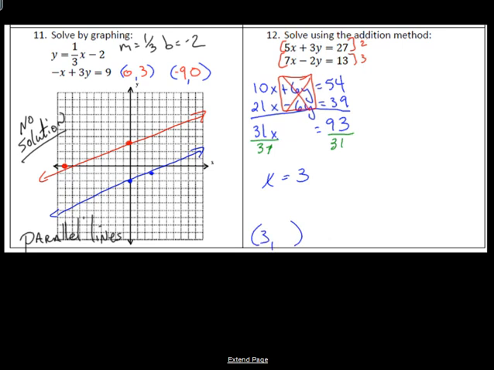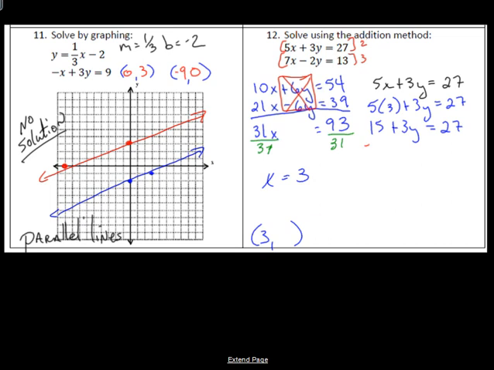So I'm going to use my top equation, the 5x plus 3y is equal to 27. Go back and plug the 3 in. So that's going to be 5 times 3 plus 3y is equal to 27. So I now have 15 plus 3y equals 27.